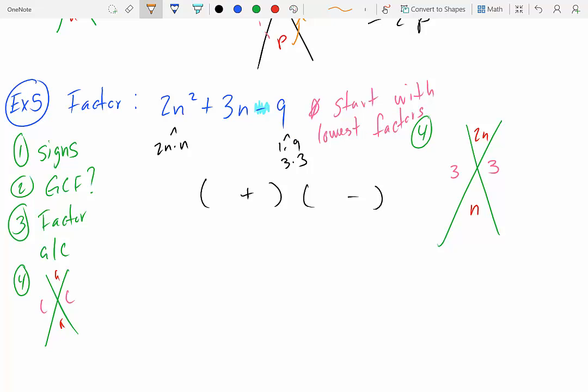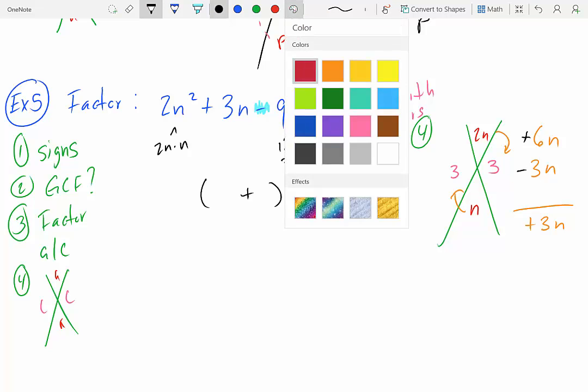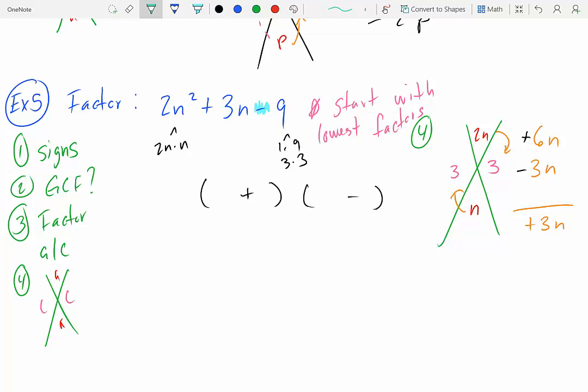And our goal is to get positive 3n. So if we go to the right, we have 2n times 3 gives us 6n, and n times 3 gives us 3n. So is there anything we can do here to get positive 3n? Well, yes, there is. If we make 6 positive and 3 negative, we get positive 3n. So how did we get this positive 6n?